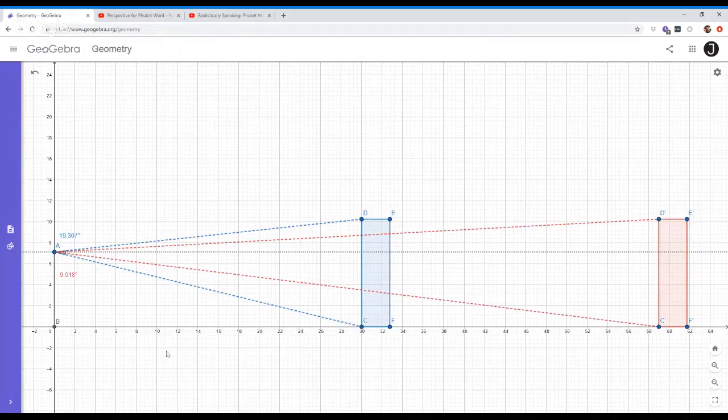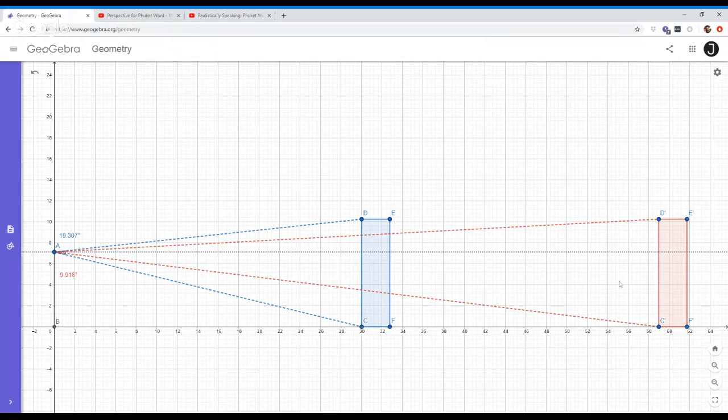I have here the lens of the camera at 7 1/8 of an inch above the surface of the table. A is the camera. This blue object is the closer set of glasses, and this red object is the further set of glasses.